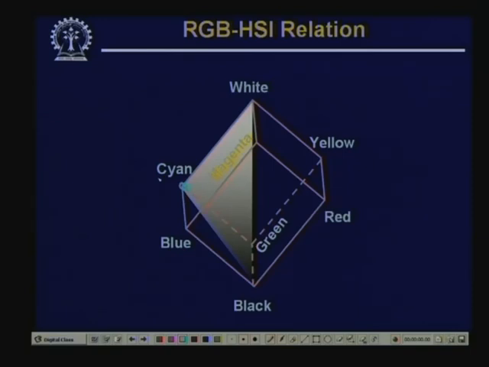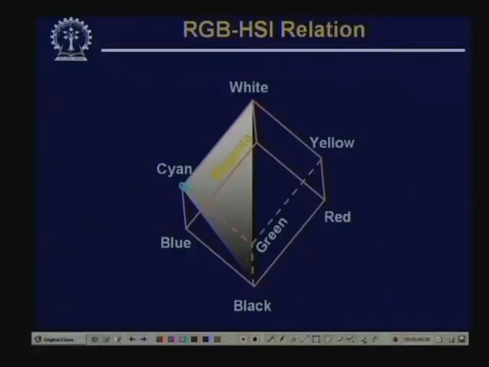Now, you will appreciate that any points in this plane defined by these 3 points, black, white and cyan, will have the same hue, because hue indicates the prominent wavelength of light present in a particular color.